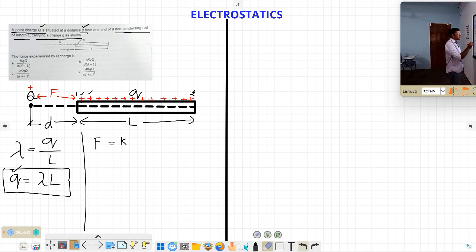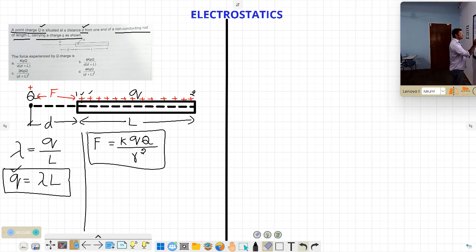K into one charge, small q, second charge, capital Q, divided by the distance between them squared. We can't say which charge we are going to take, so I am writing a general formula as r squared here. But the small q is distributed, meaning the starting point has one value and the ending point another, because the distance is varying.